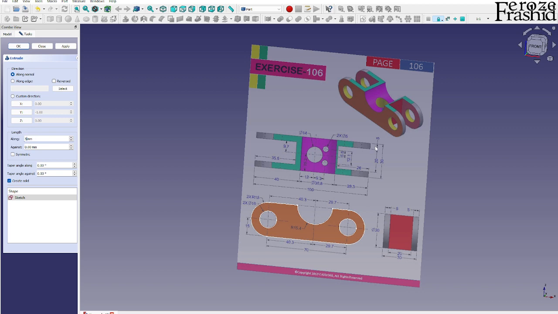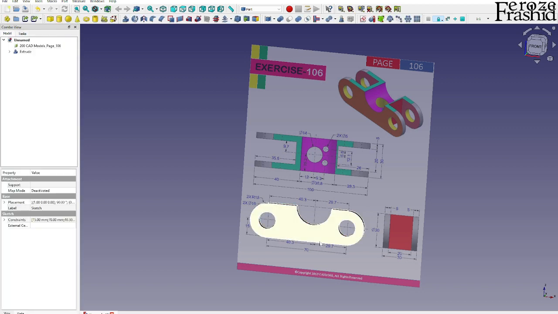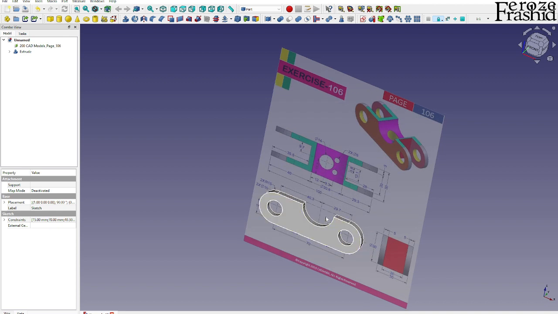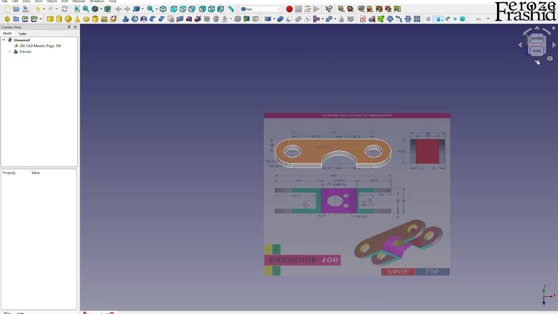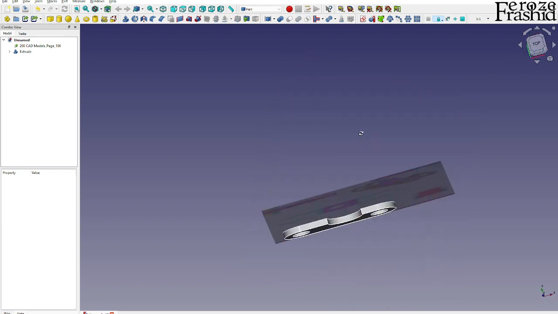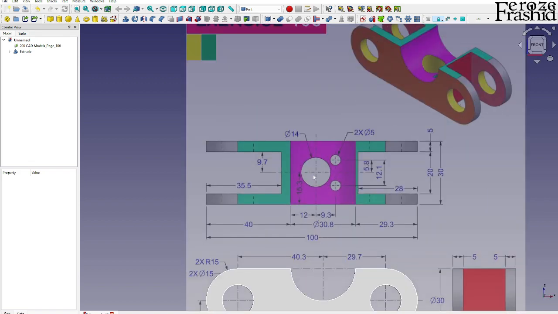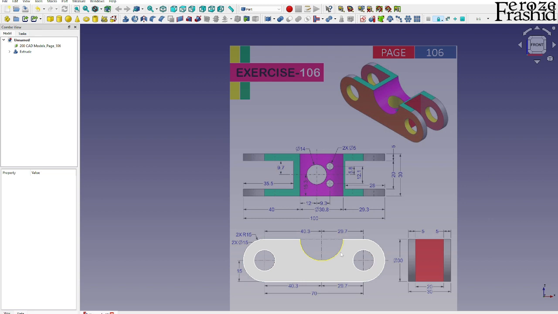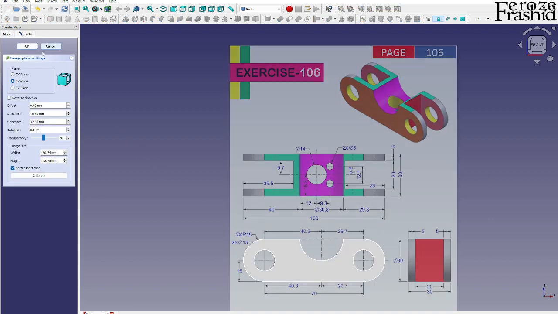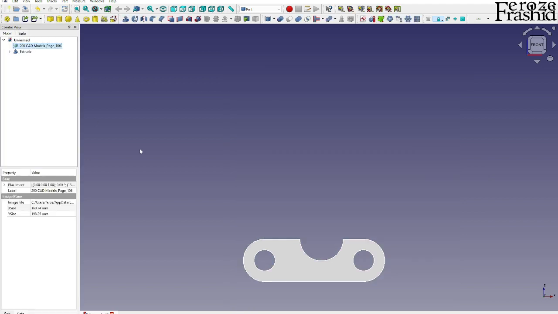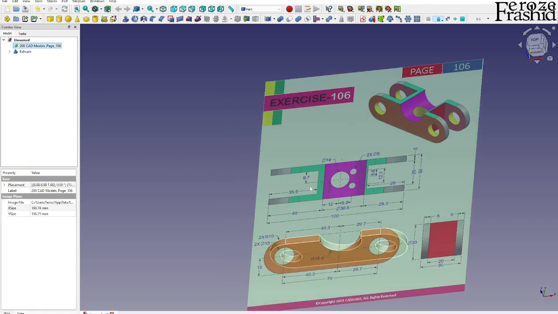All right, so I want to make an extrusion of 5 millimeters. Now this center was at the middle of this object, and we just built it off there, so we'll have to relocate this in a moment. So let's place this image on the XY plane and see where it is.